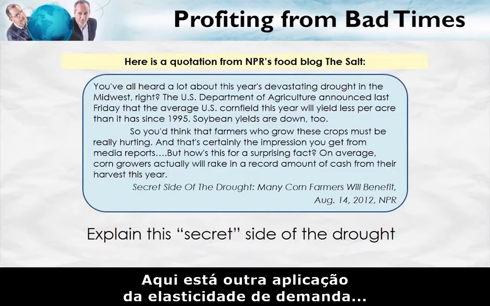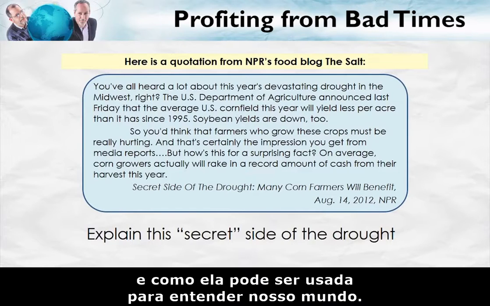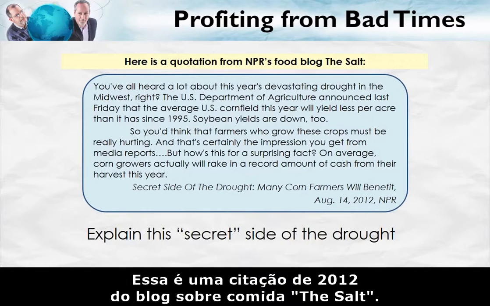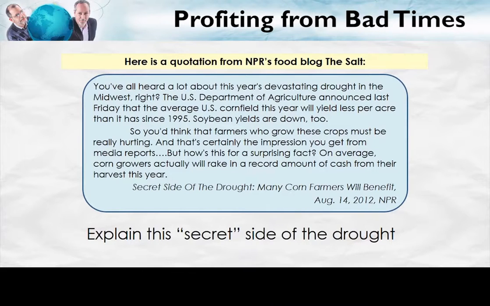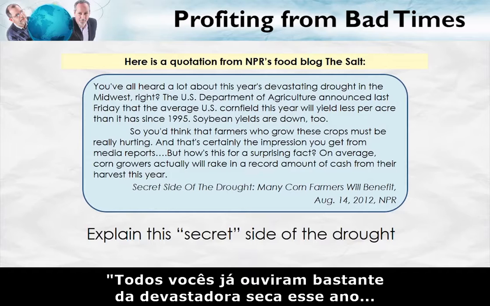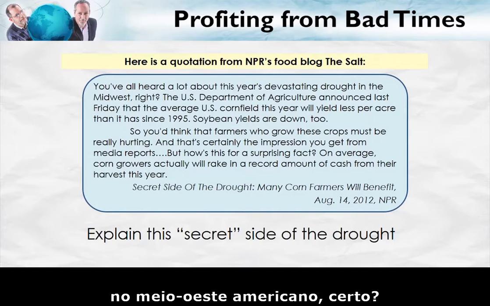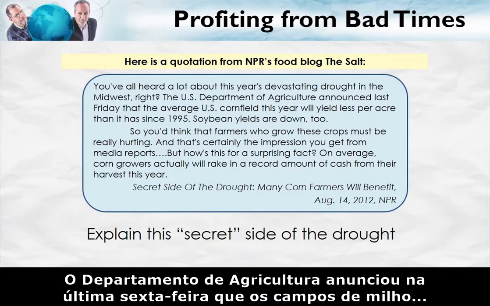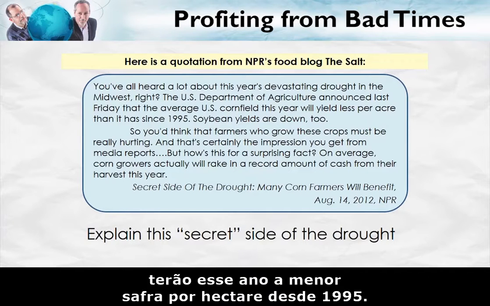Here's another application of elasticity of demand and how it can be used to understand our world. This is a quotation from 2012 from NPR's food blog, The Salt. You've all heard a lot about this year's devastating drought in the Midwest, right? The U.S. Department of Agriculture announced last Friday that the average U.S. cornfield this year will yield less per acre than it has since 1995.